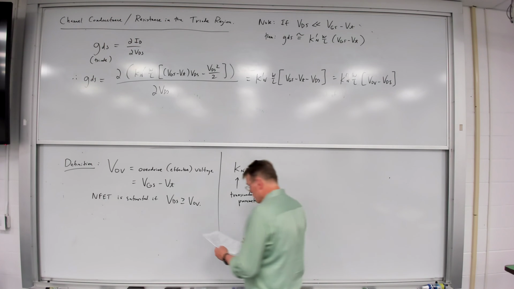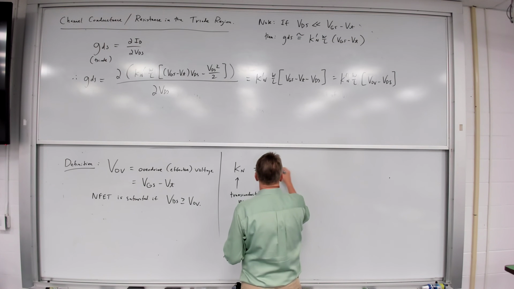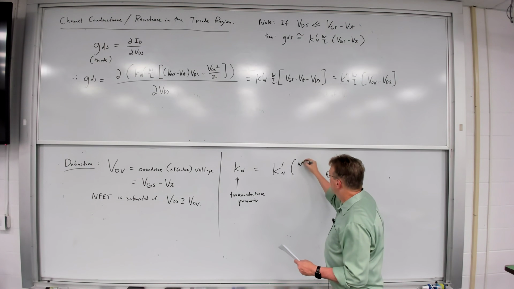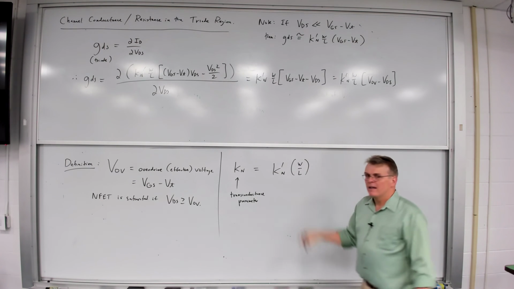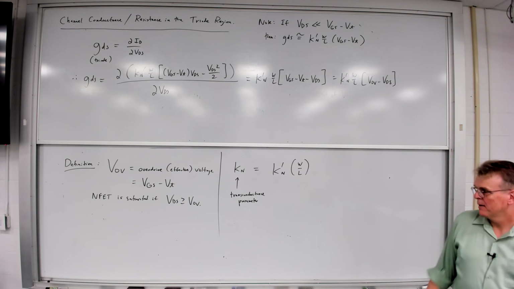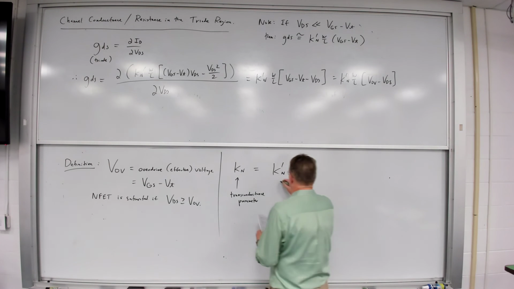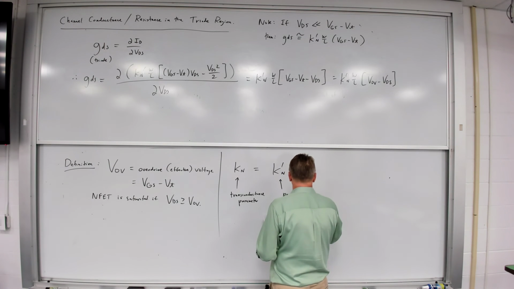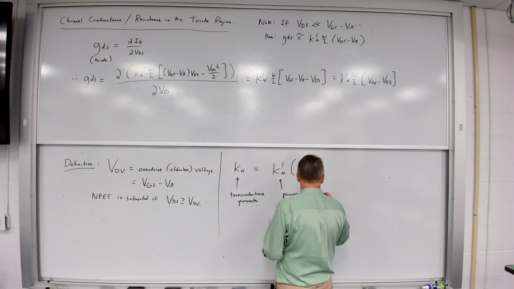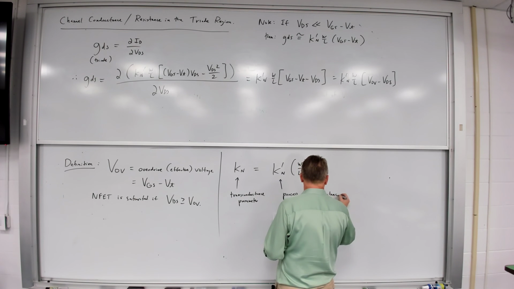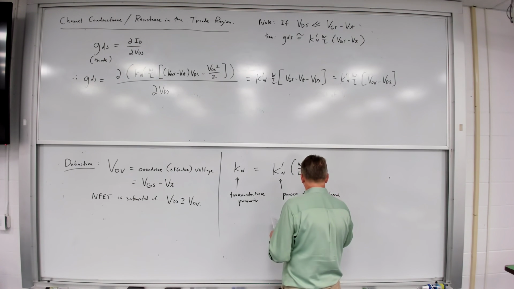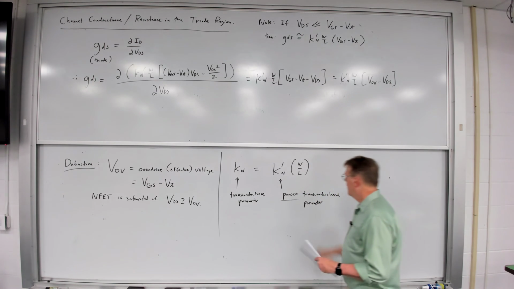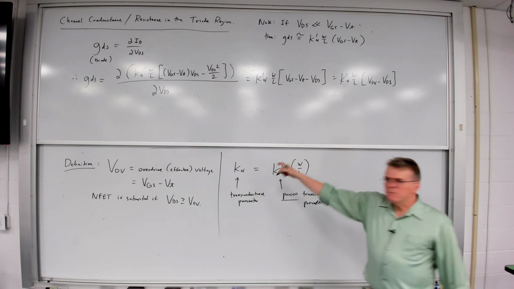This is the transconductance parameter, which is equal to K prime N times W over L. This is the process transconductance parameter. So the book likes to make this distinction.